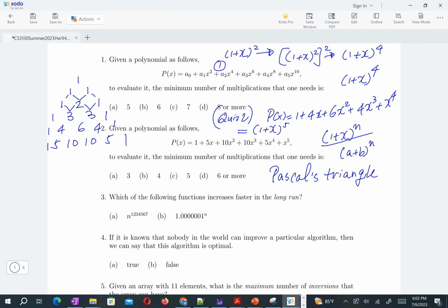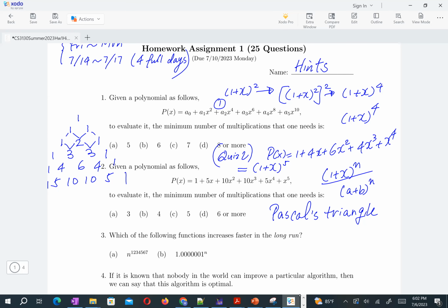We call it the repeated squaring technique.